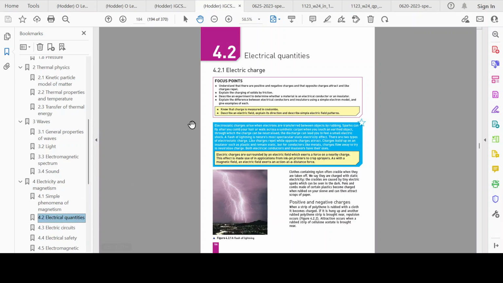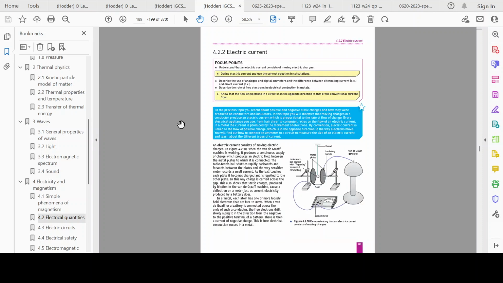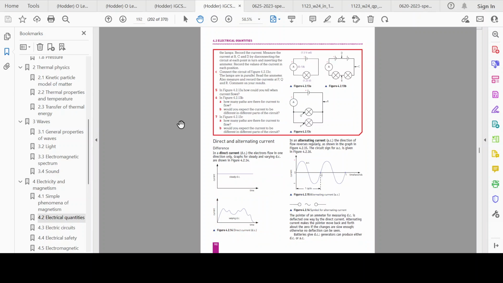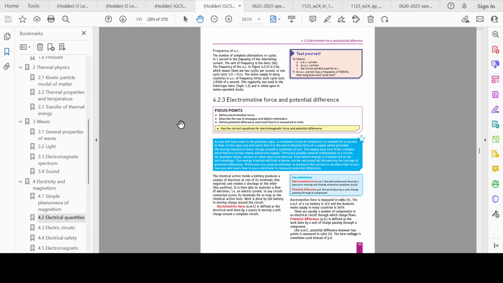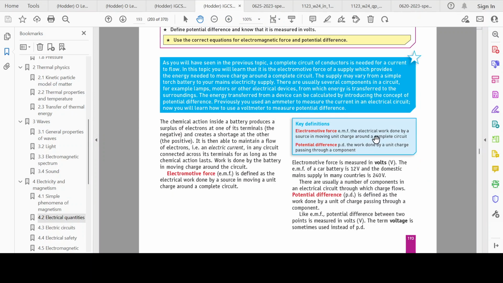So electrical quantities, electromotive force, somewhere over here. The EMF, or electromotive force, is the electrical work done or energy transferred by a source in moving unit charge around a complete circuit.